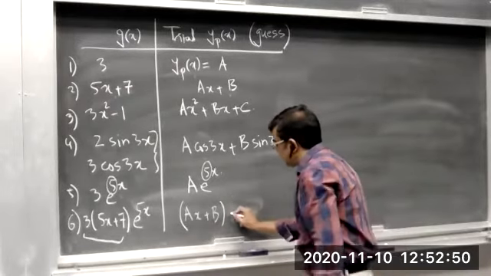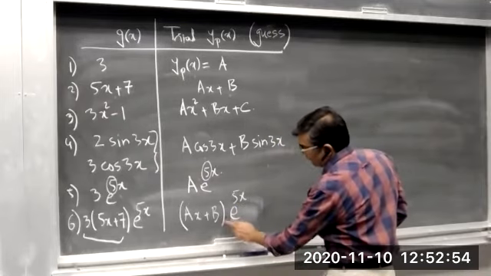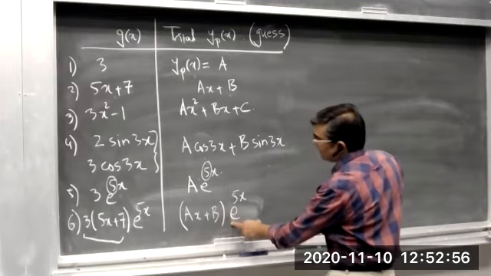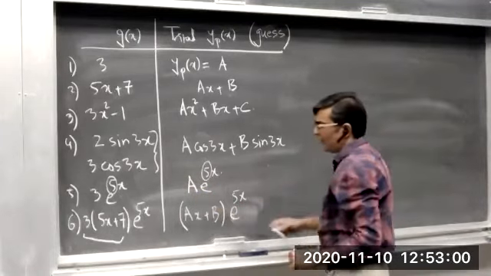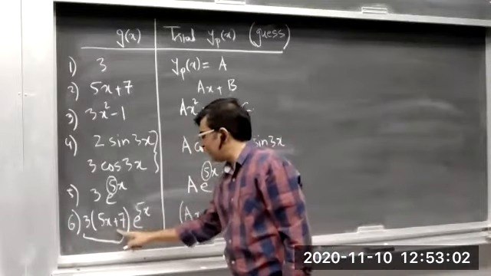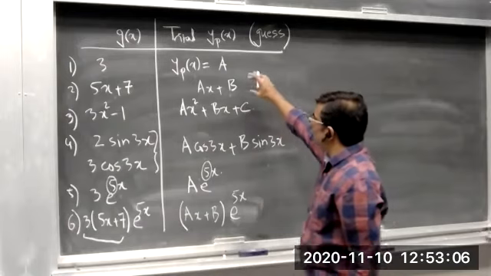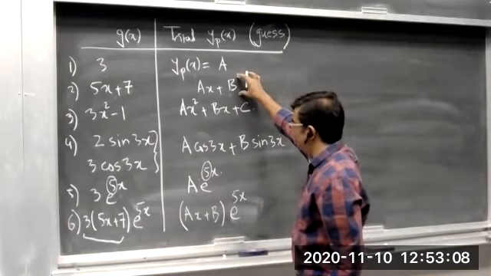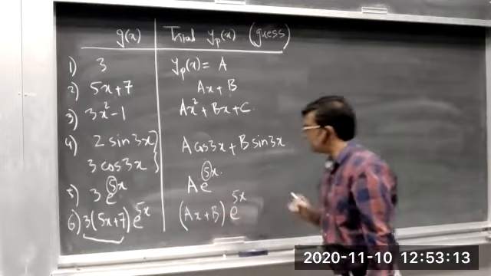We assume in this case e raised power 5x only, because this constant, when we multiply with this, will play the role of this constant here. So when we have a polynomial of degree 1 times an exponential function, we take the initial guesses of both cases and take their product as an initial guess.